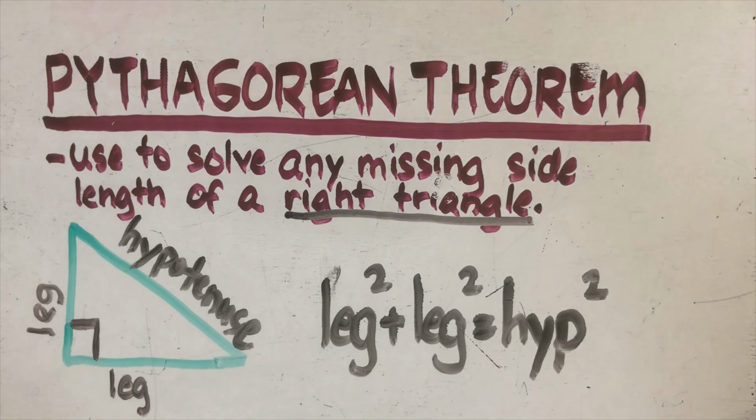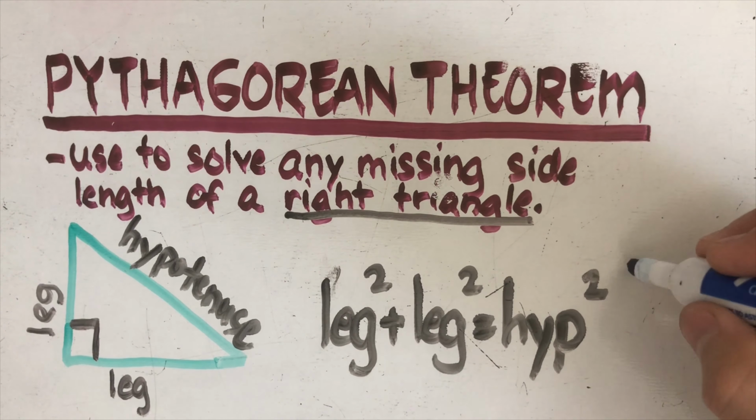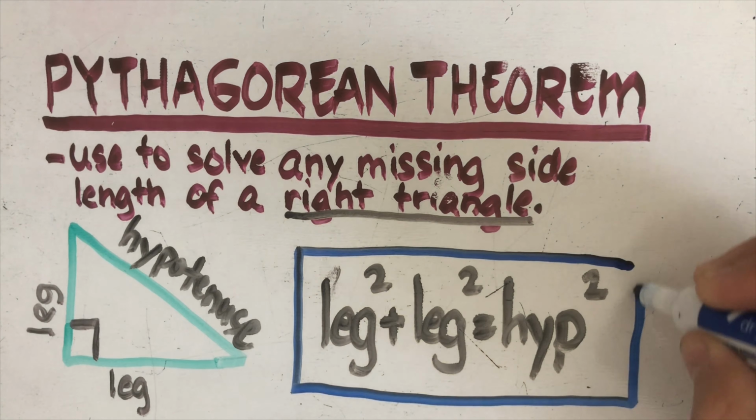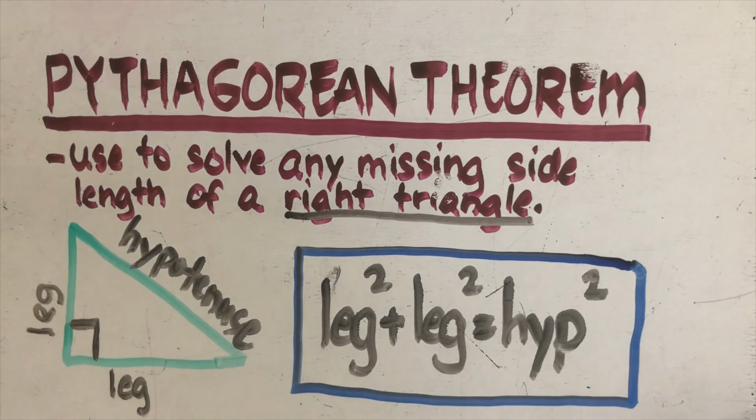So this is the general formula for the Pythagorean theorem. Now, if you check other textbooks and go online, they use a squared plus b squared equals c squared. They're pretty much all the same. They're just putting a letter on the leg, another letter on the leg, and another letter on the hypotenuse. But again, those are variables, so they can be assigned any letter.